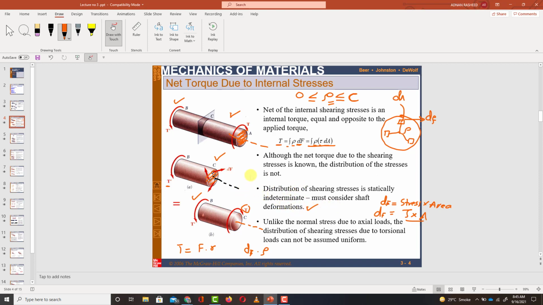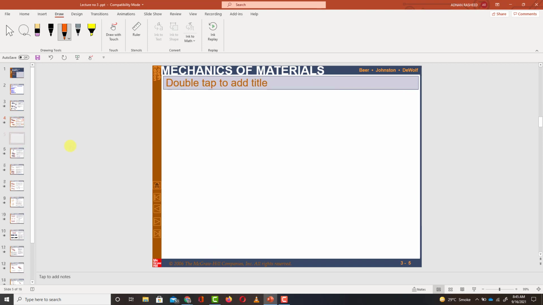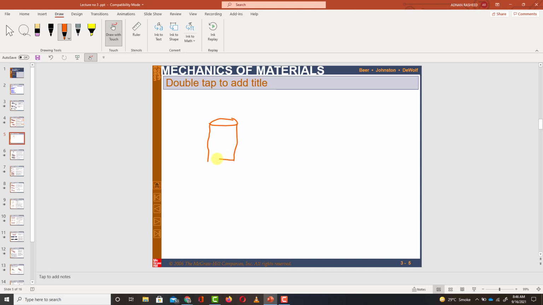And unlike the normal stresses due to axial loading, the distribution of shearing stress due to torsional load cannot be assumed uniform. Similarly, we have seen in our previous lecture that whenever a shaft is subjected to normal or axial loading, by axial loading we mean load passing through the axis.